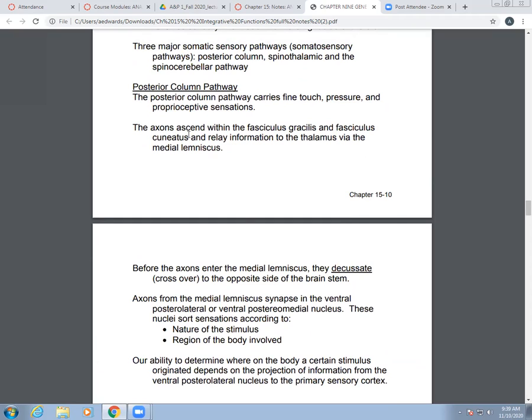The posterior column pathway is going to carry things like fine touch, pressure, and proprioceptive sensations. All right. So the axons are going to go up within what we call the fasciculus gracilis and the fasciculus cuneatus. We discussed those in the previous chapter, and they relay information up to your thalamus through the medial lemniscus.